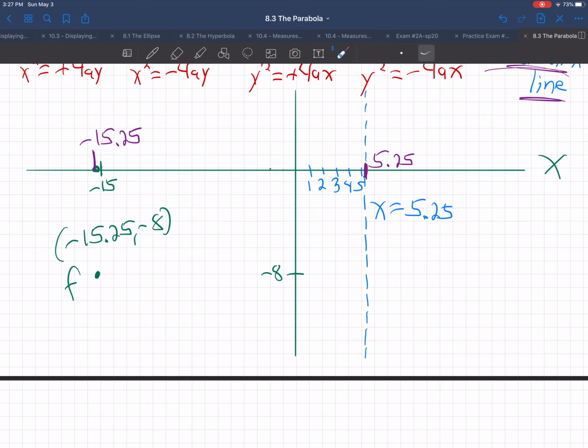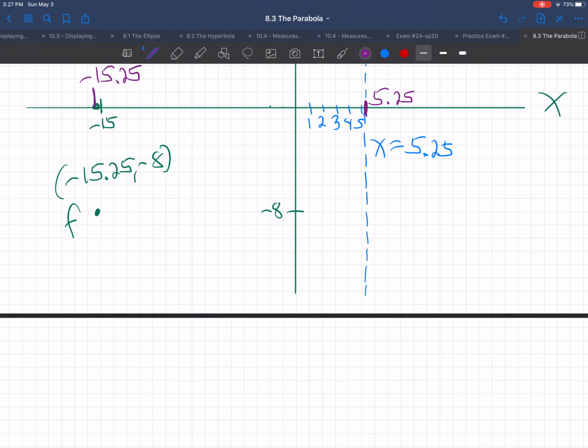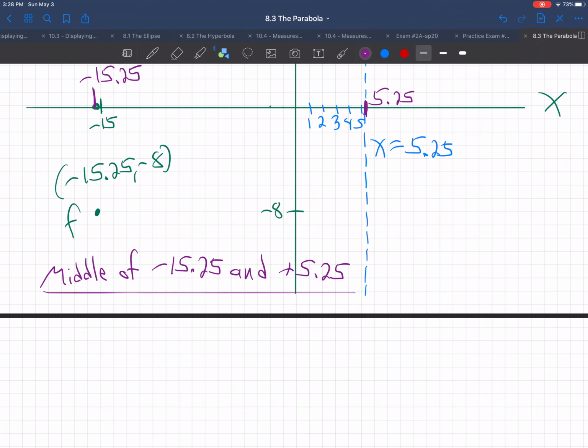All right, so let's find it out. How do you find the middle then? How do you find the middle of negative 15.25 and positive 5.25? How do you find the middle of two numbers?